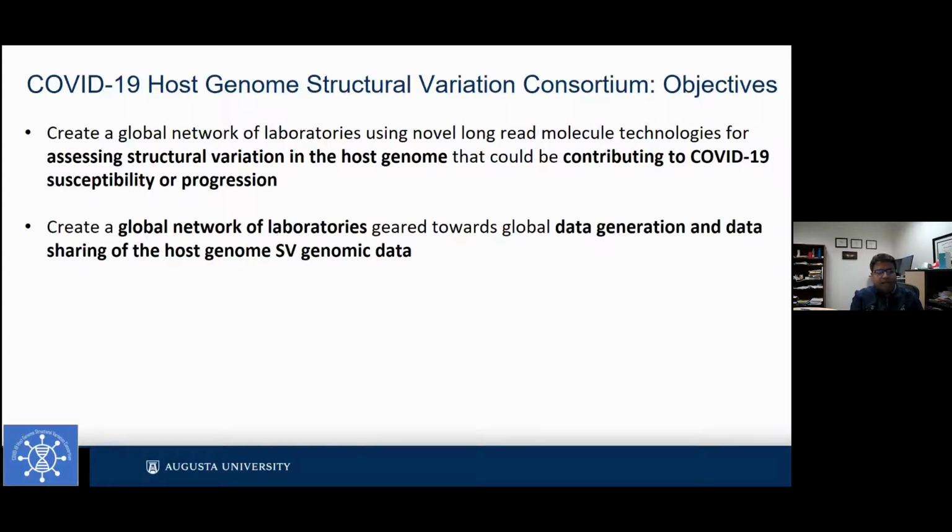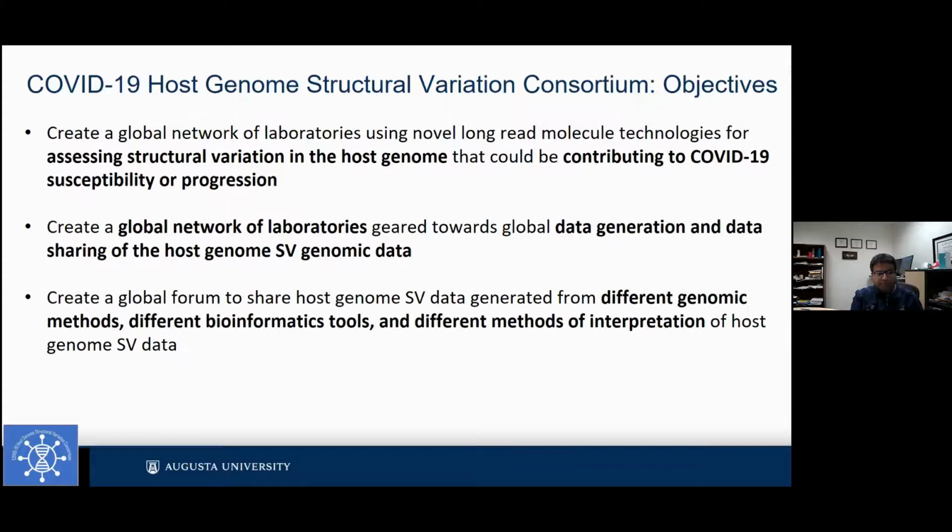The second objective was to create a global network of labs geared towards data generation and data sharing, mostly focused on host genome structural variant genomic data. The third objective of our consortium was to form a global forum where we can share this data generated among us from the different genomic methods, different bioinformatic tools, and different methods of interpretation of host genomic data.